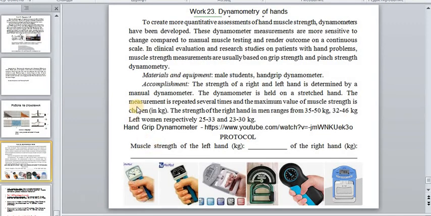So on this slide you see the description of work 23, and here you can find the link to the video on the YouTube channel, and here photos of different kinds of dynamometers. In this video we'll use this kind of dynamometer.